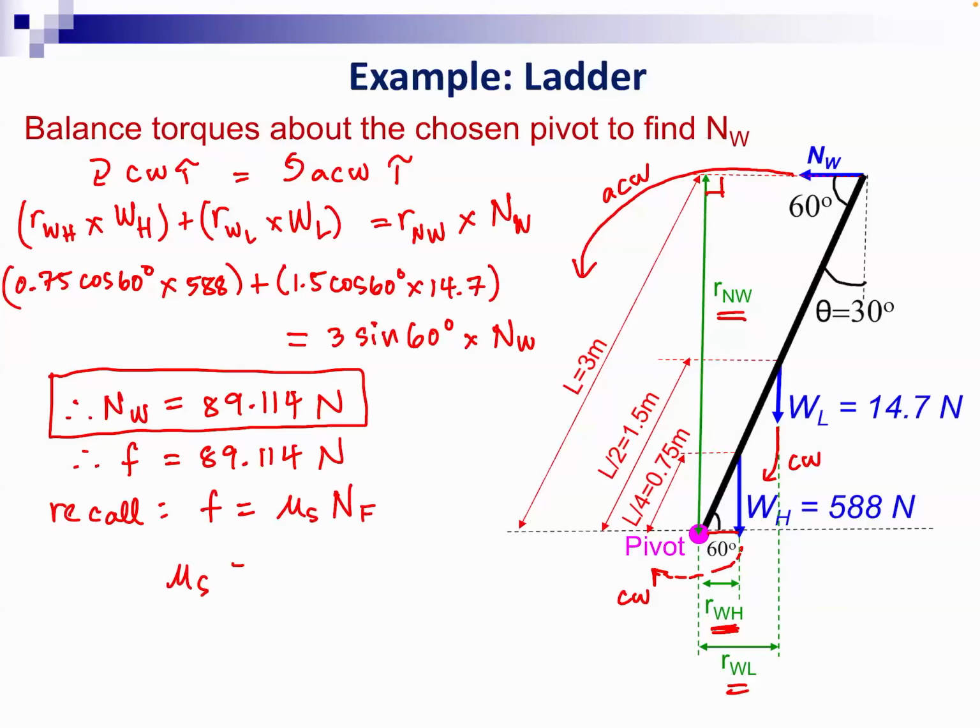So coefficient of friction is equal to frictional force divided by the normal force provided by the floor. So that's 89.114 divided by the NF we solved earlier, which was 602.7. Right, so you are able to solve the coefficient of friction: 0.148.